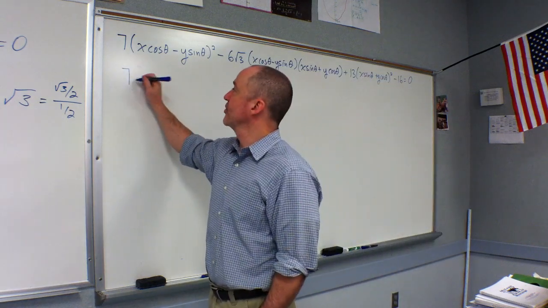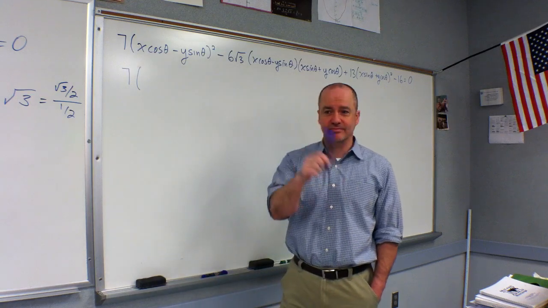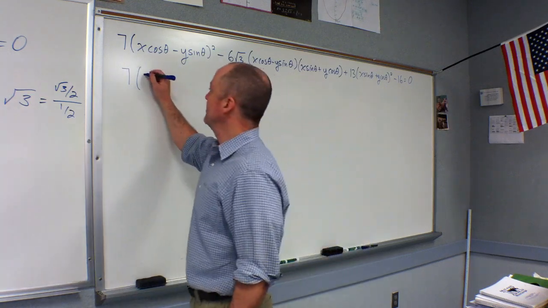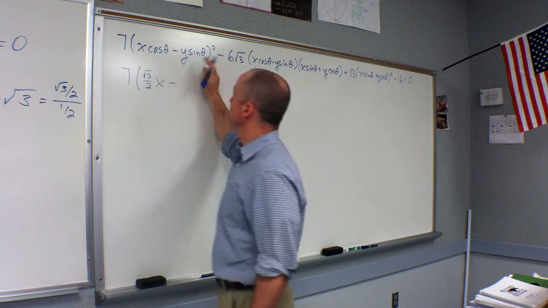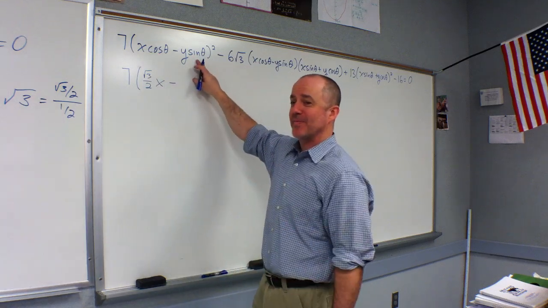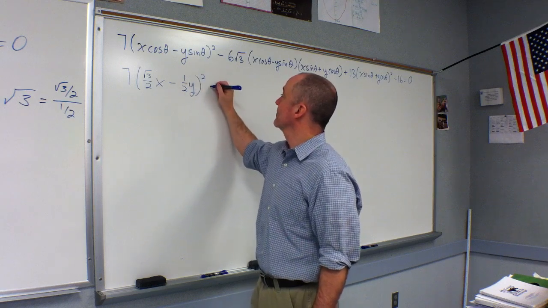What's the cosine of 30 degrees? Cosine is root 3 over 2. So this becomes root 3 over 2x minus sine of 30 degrees, Joey? 1/2. There you go. Minus 1/2 y squared.